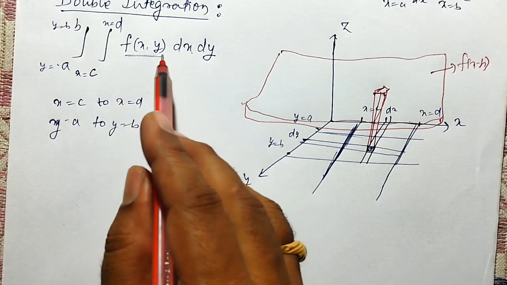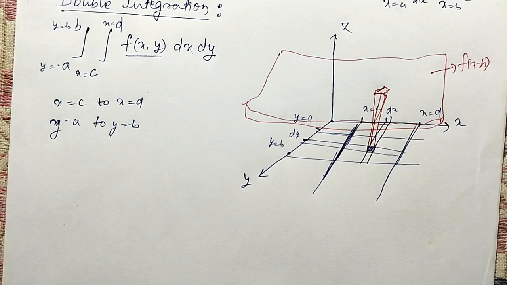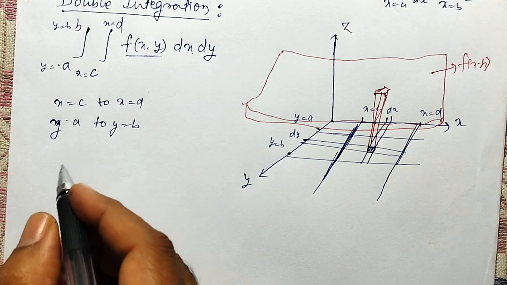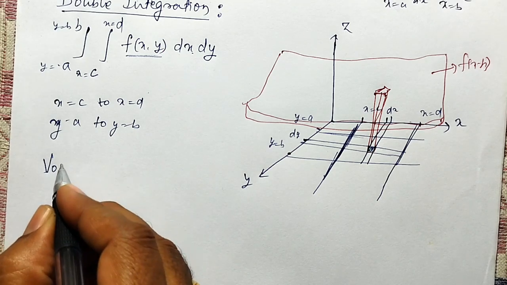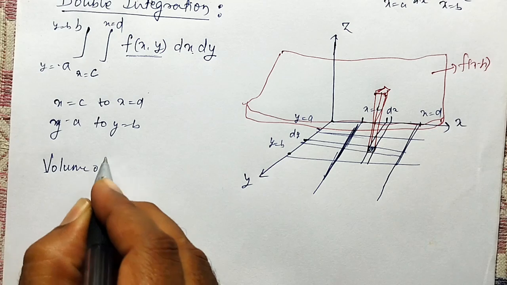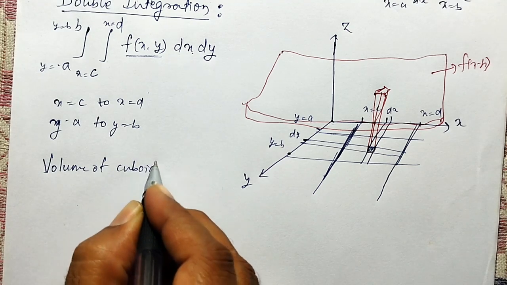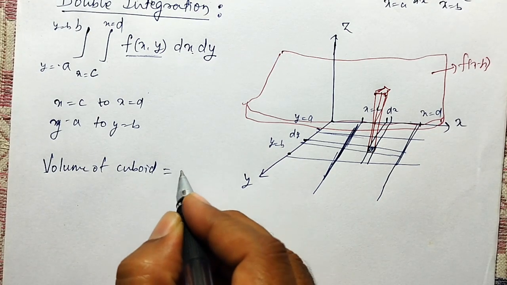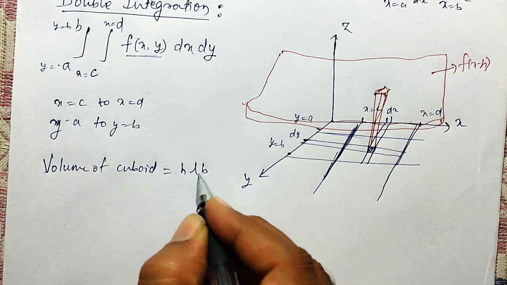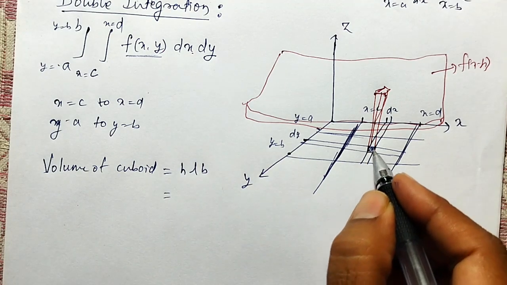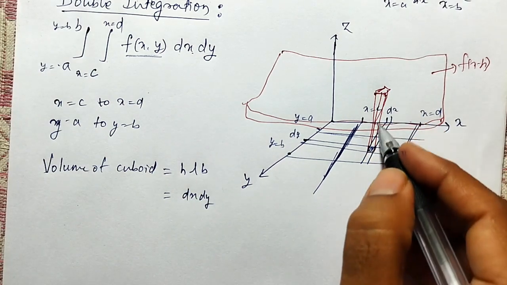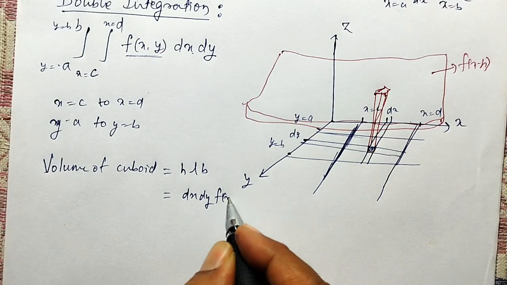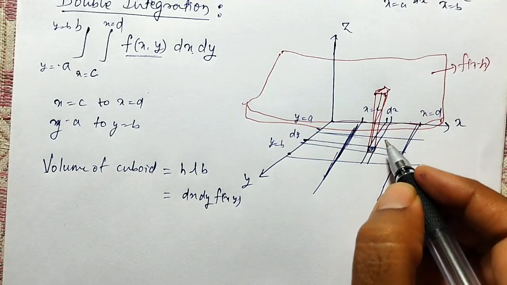One observation we can make here: the volume of a cuboid is nothing but height into length into breadth. My length and breadth are dx and dy, and my height is f of xy. This is the height f of xy.